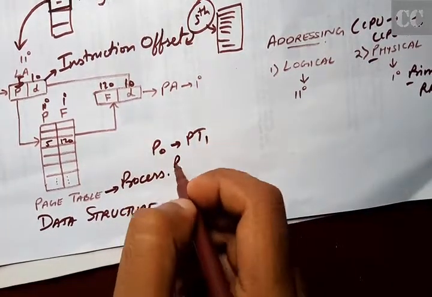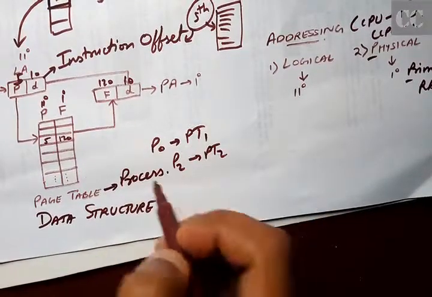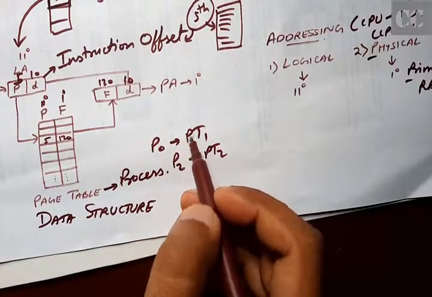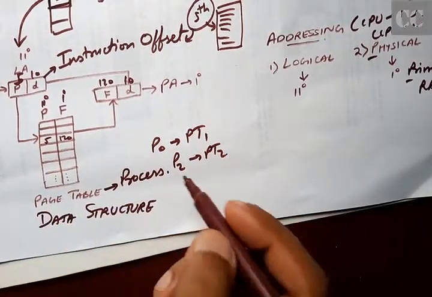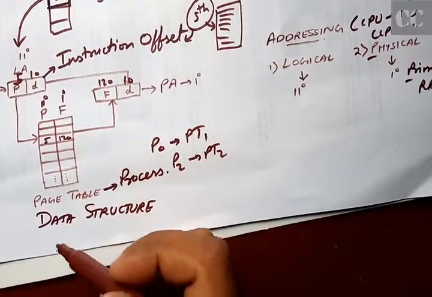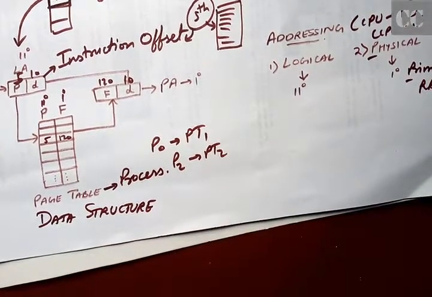If there is a process P2, it will have some page table 2. Each time a different process is executed, a new page table is created and the entries are made. So the length of the page table depends upon the process in the secondary storage. So this is the basic explanation for paging. I hope the concept is clear.